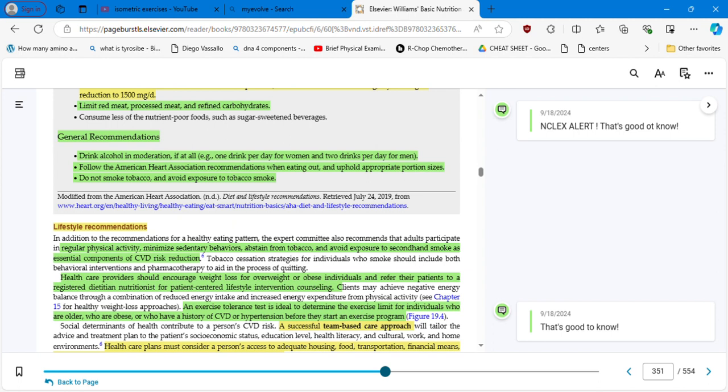No, I get my beer, it's very healthy every day. So I would recommend to stay away from alcohol, period. Follow the American Heart Association recommendations when eating out and uphold appropriate portion sizes. Do not smoke tobacco and avoid exposure to tobacco smoke.